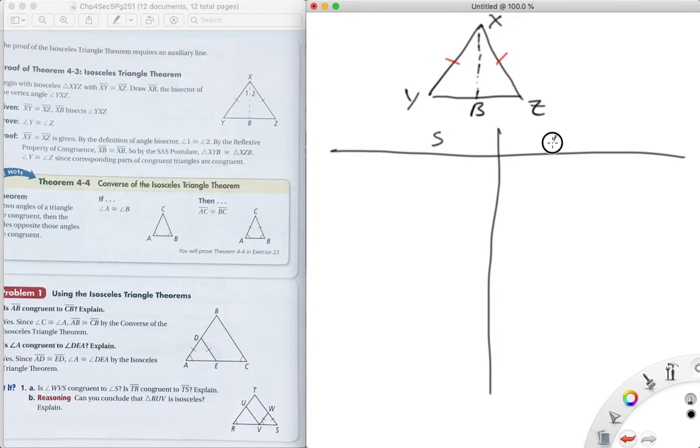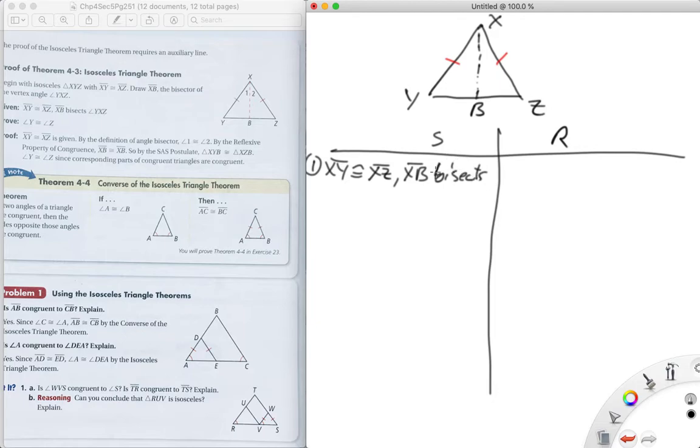Number one, XY is congruent to XZ. Then we can say that XB bisects YZ.